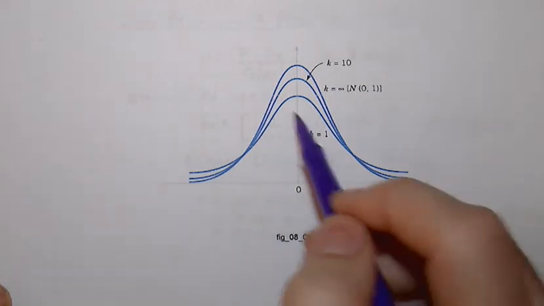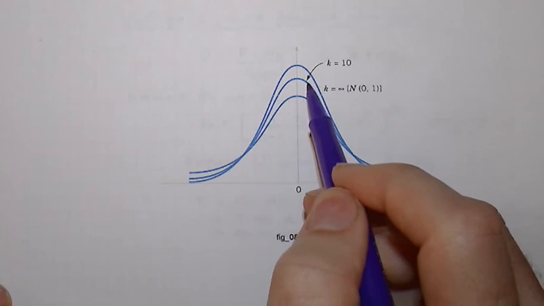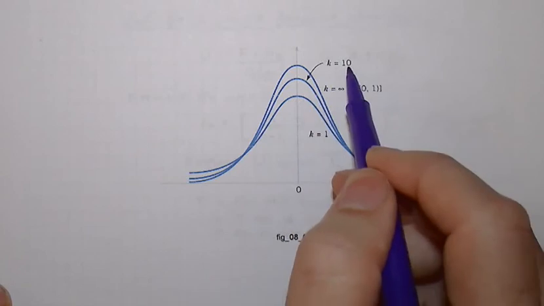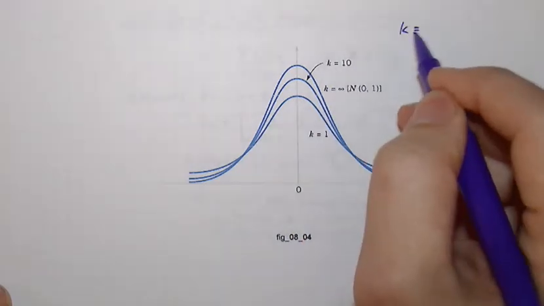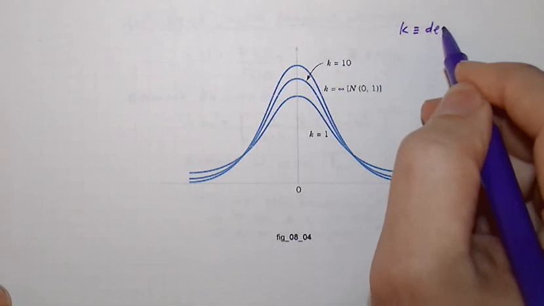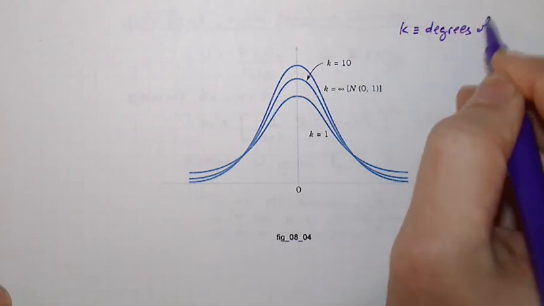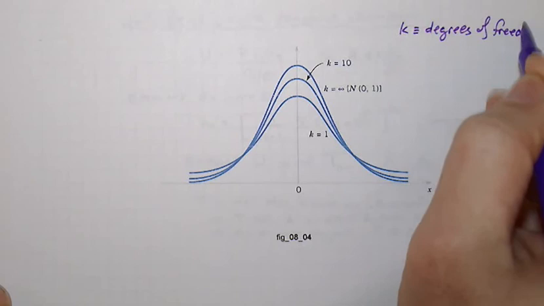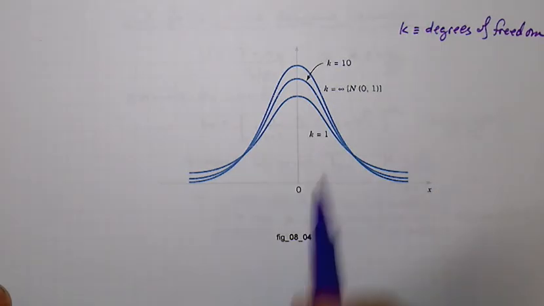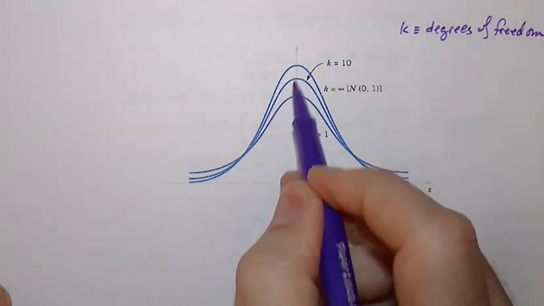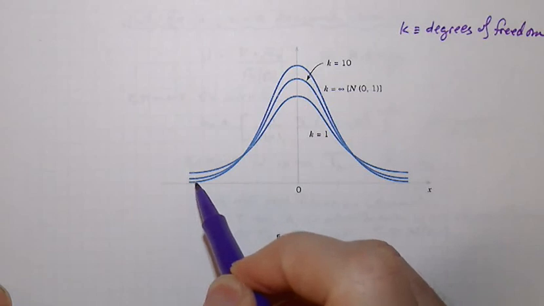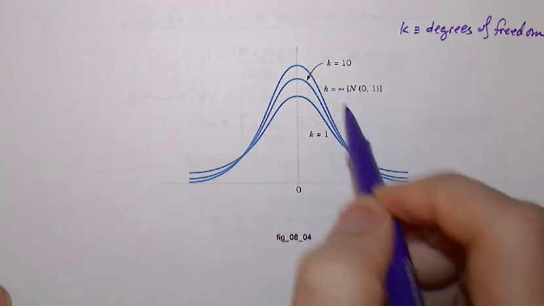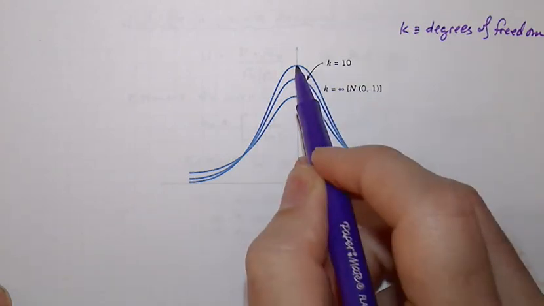So that's k equal 1. And then for a larger number of degrees of freedom, we get higher in the middle, lower out in the tails, and then as k goes to infinity, we get that standard normal distribution all the way up at the top.